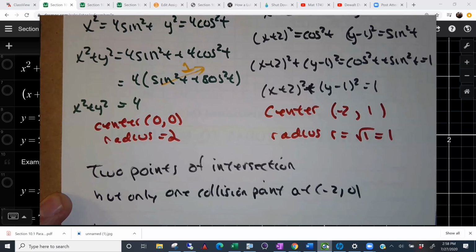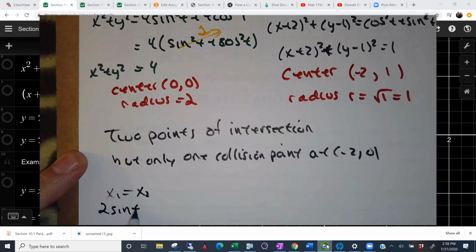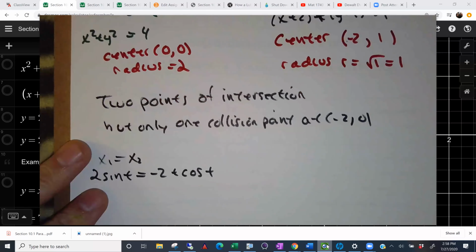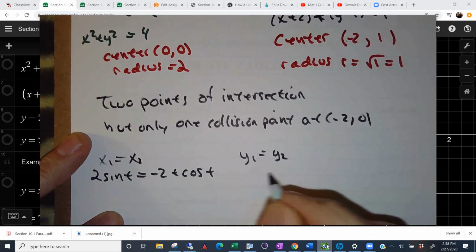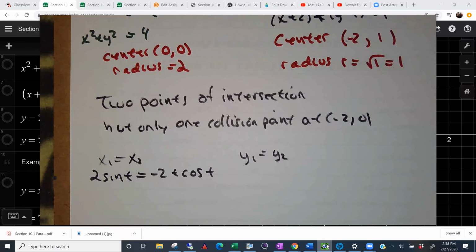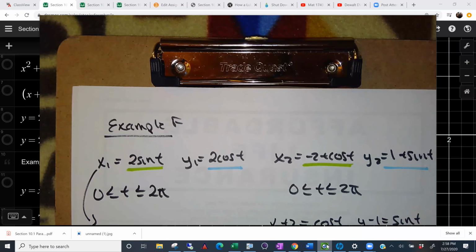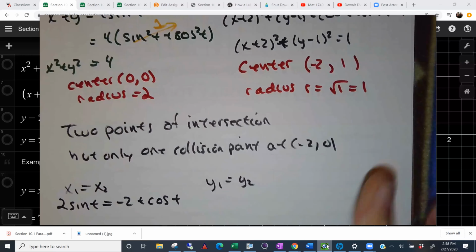So x1 equals x2 would mean 2 sine of t would equal -2 plus cosine of t, like that. And then the y coordinates would be the same, kind of means something similar. So coming back up at the top, that would mean this has to be this. So let's compare those two.